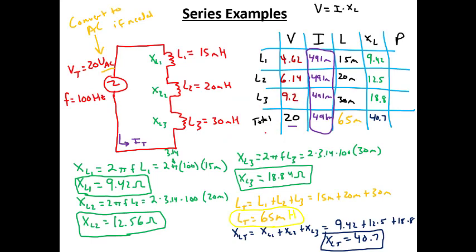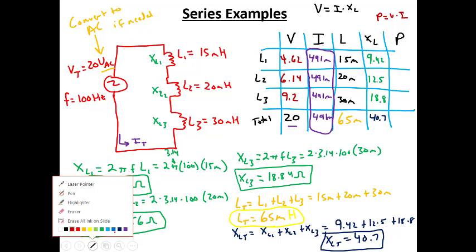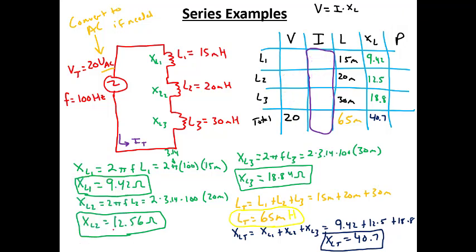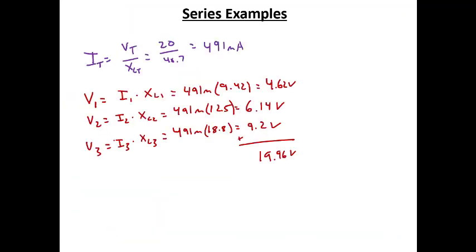All right, so now that we're at this point, we can calculate the power. And the formula is power equals voltage times current. All right, so for power, let's pick another color here. So power 1 is going to equal V1 times I1.